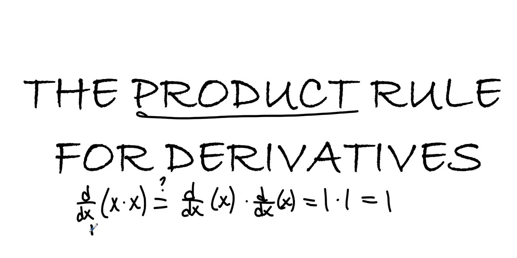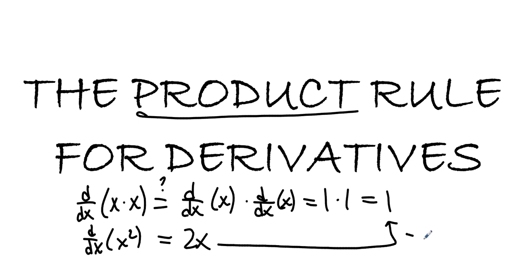But we also know that x times x is x squared, and its derivative is 2x, and those are not the same. And so it can't be that the product rule is just, well, take the derivatives and multiply them together. And in fact, that is not the case. So let's take a look at the product rule.